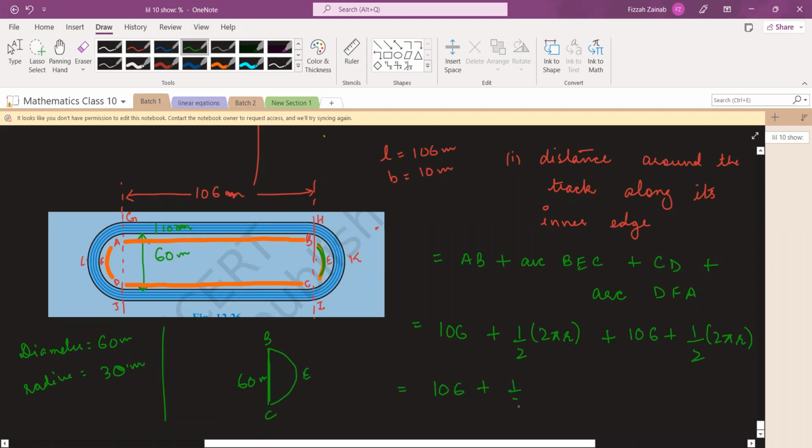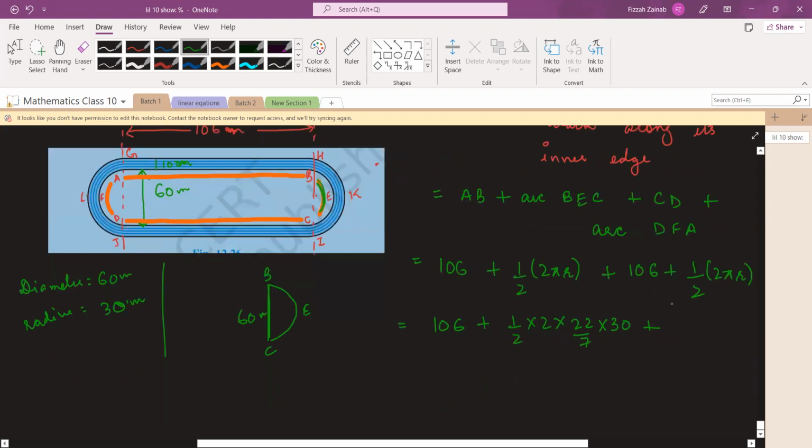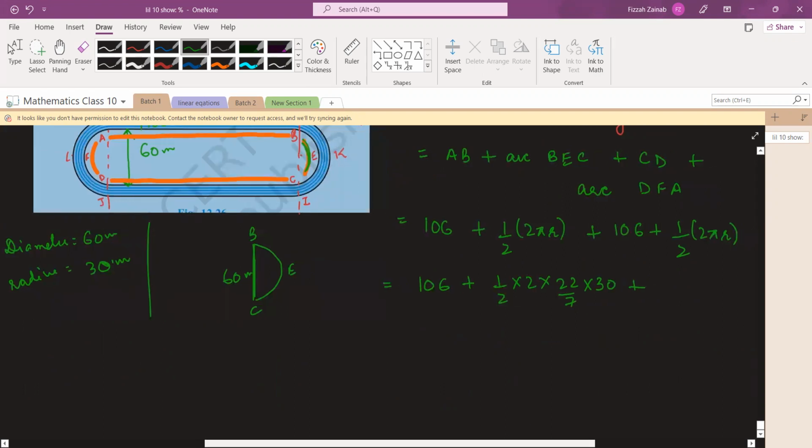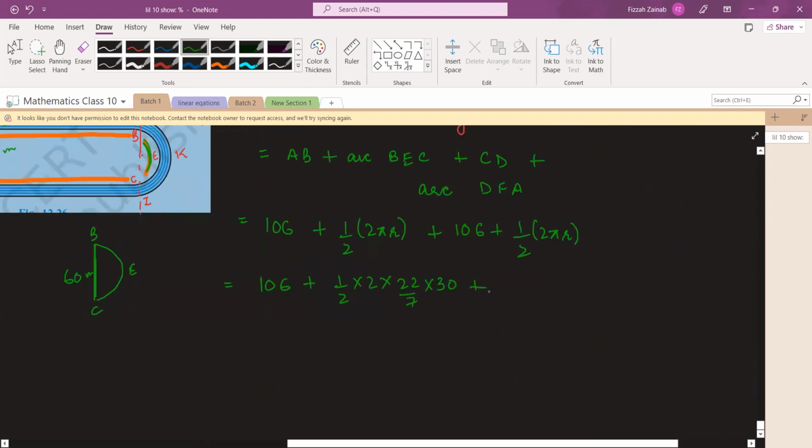Okay, so 106 plus half into 2 into 22 by 7 into 30, right? Plus, then you have 106 and plus again half into 2 into 22 by 7 into radius. On the left hand side also the radius is 30, right?